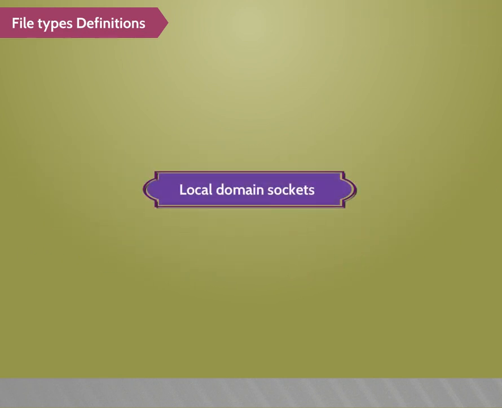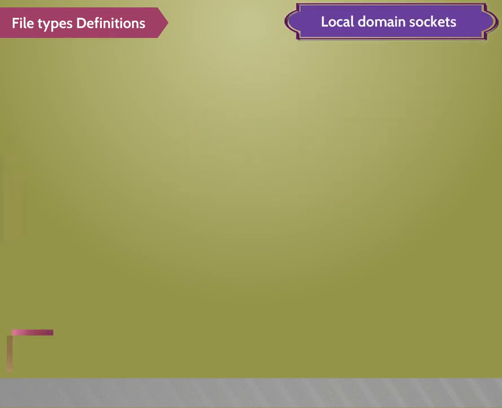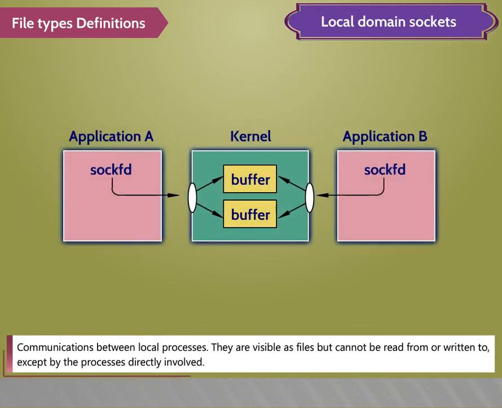Local domain sockets: communications between local processes. They are visible as files but cannot be read from or written to except by the processes directly involved.